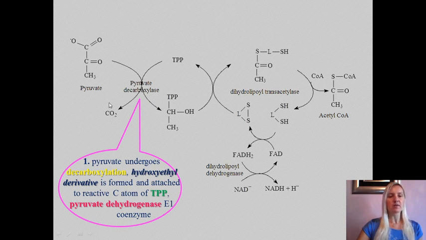So one carbon dioxide molecule is released from the system, remember it. And the rest of the molecule, a hydroxyethyl derivative, so hydroxy and two carbons, ethyl, is formed, and it's attached to TPP, to the reactive carbon atom on TPP, which we've previously mentioned. And the enzyme which catalyzes this reaction is pyruvate decarboxylase or pyruvate dehydrogenase.